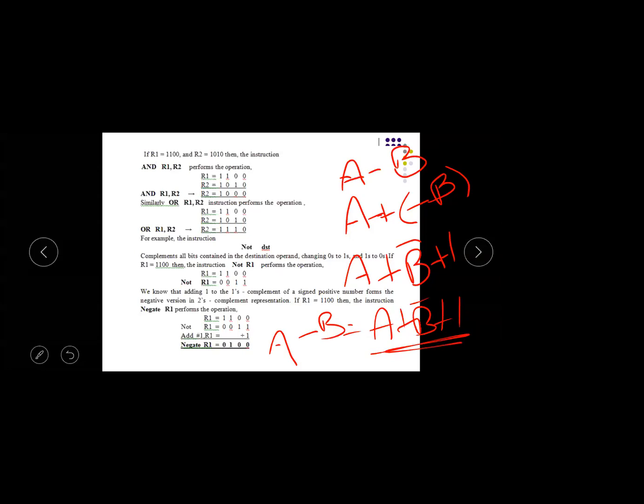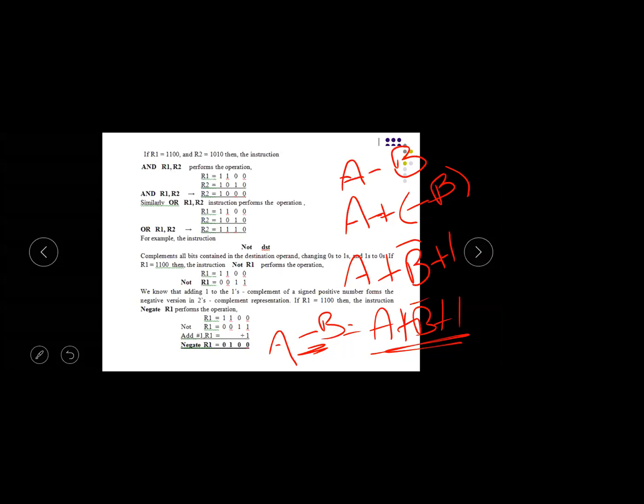In logic gates, the circuits to perform addition are very easy. To perform subtraction, half subtractors and full subtractors are needed, and their construction complexity is more. That's why subtraction is also performed using A plus B bar plus 1: only adders, no subtractors.